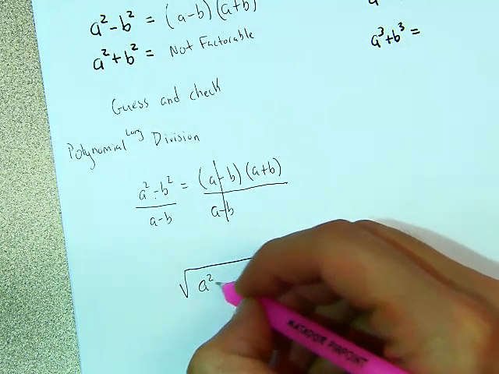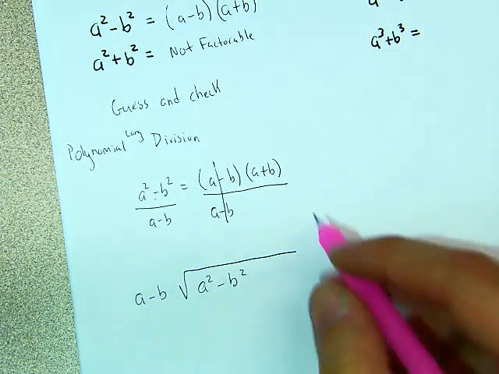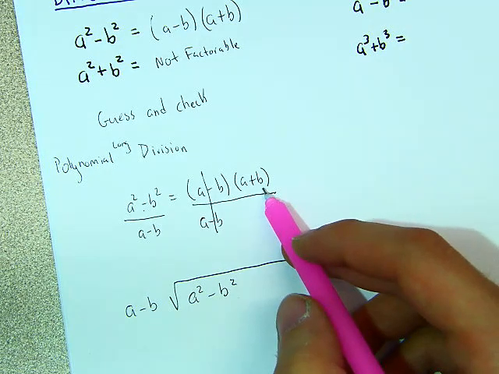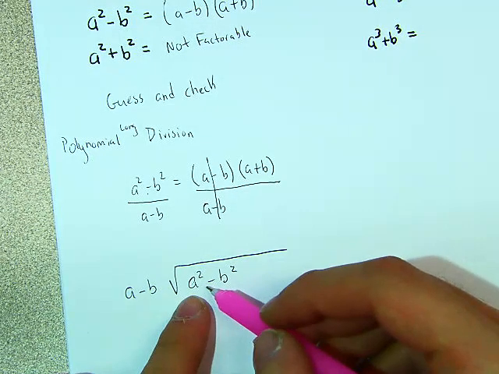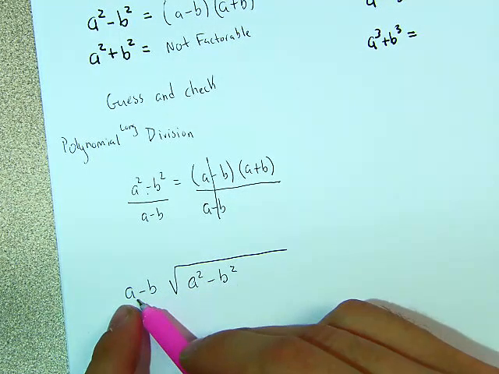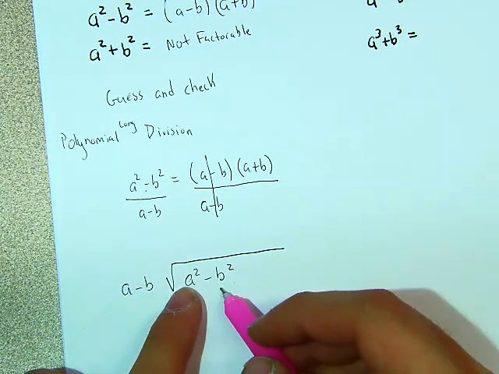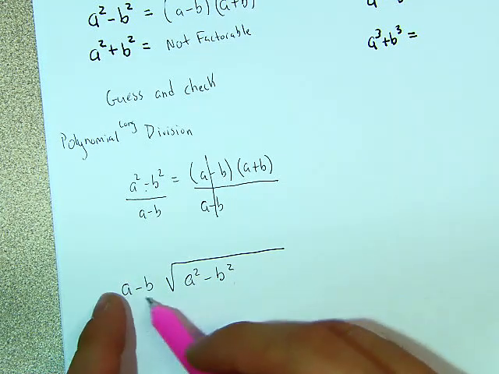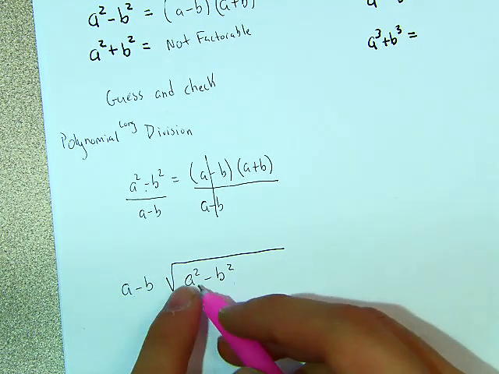If I have a squared minus b squared, and I want to divide that by a minus b, we need to get a plus b up here. So what do we ask ourselves? How many times... yes, I know, we're going down memory lane. But if you want to try and solve this on your own and show the steps, pause the video. You ask yourself, how many times does a go into a squared?